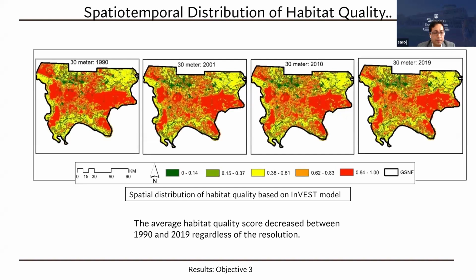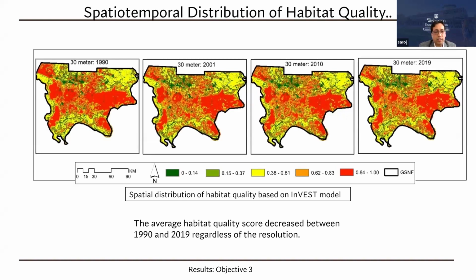This is a spatial distribution of habitat quality, because we wanted to compare the bobcat distribution with the habitat quality and fragmentation. We only use 30-meter resolution for further analysis.